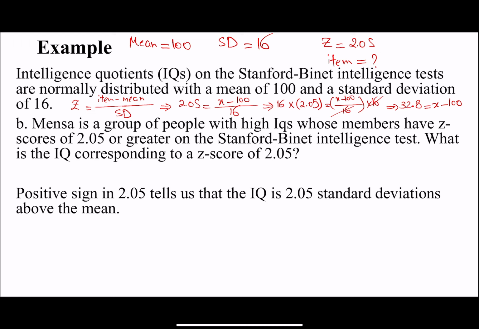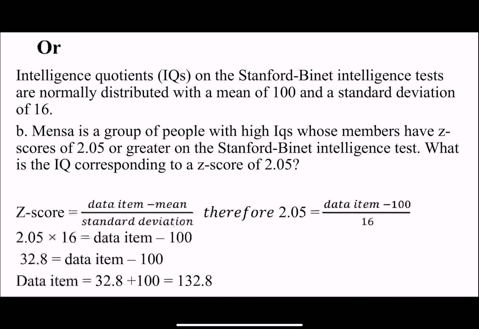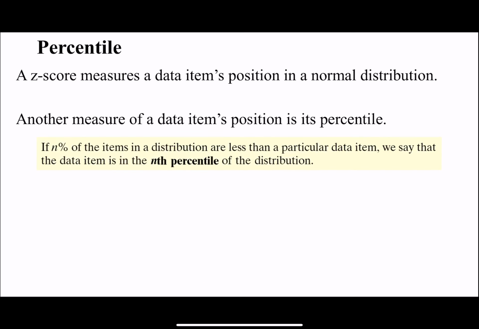So x is 100 plus 32.8, which is 132.8. That's a very high IQ actually. You can use any methodology to find x as long as you get 132.8. I'm offering two methods here, and both gave me 132.8.